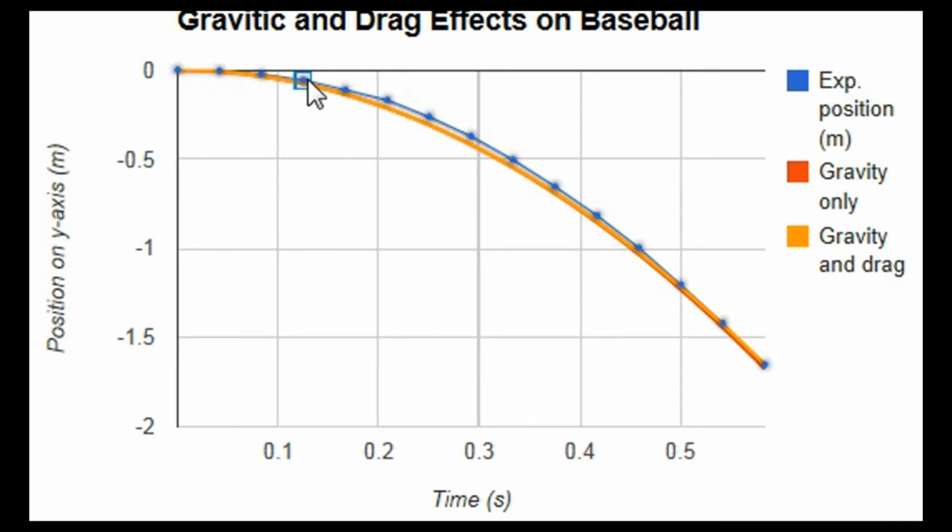And as you can see, the experimental position is higher, which means that the ball was slowed down in actuality more than it was theoretically, and this could possibly be because the baseball has stitchings that add surface area and roughness to the outside of the ball, allowing the molecules in the air to have more of an effect on pushing it upward.